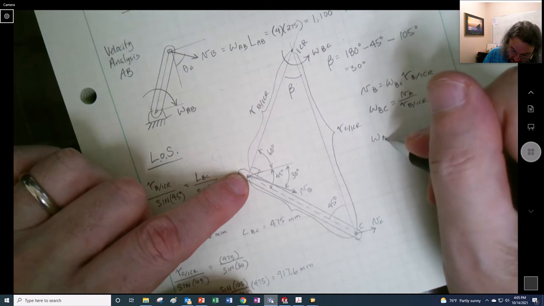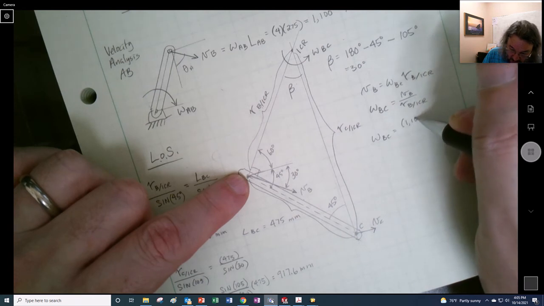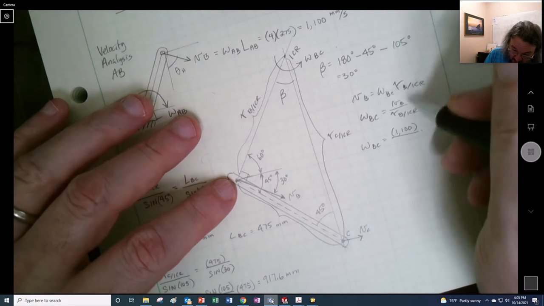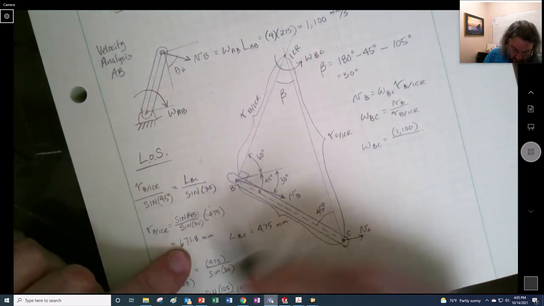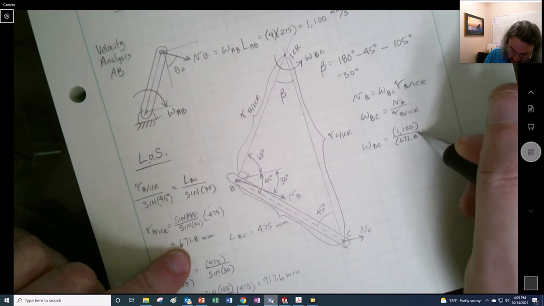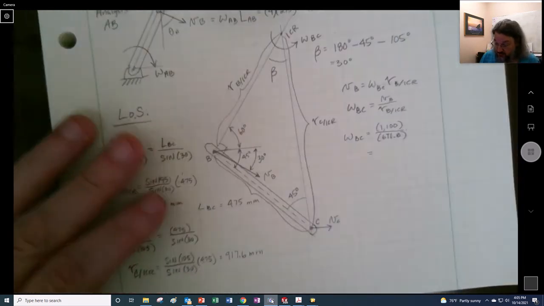So we get omega BC is equal to 1,100 from up here divided by 671.8. So we get omega BC.